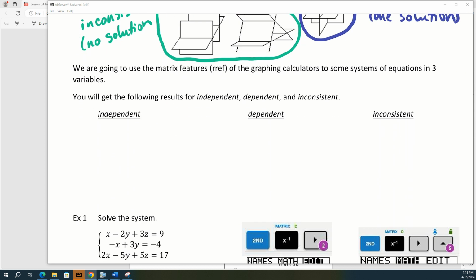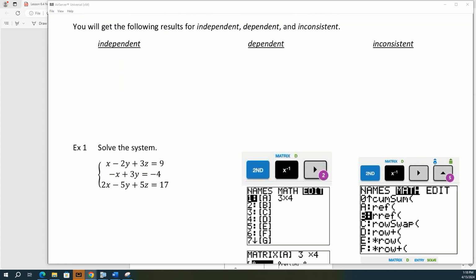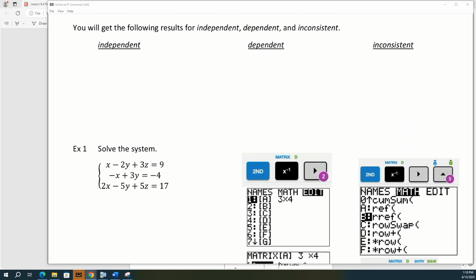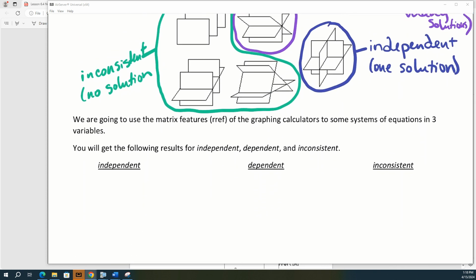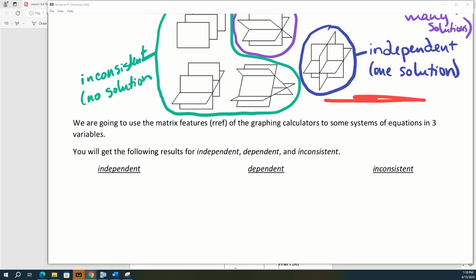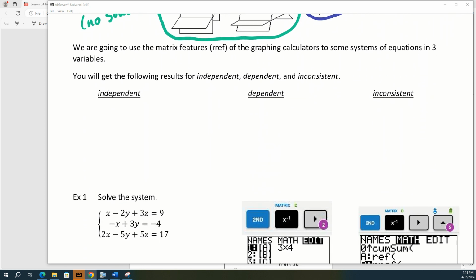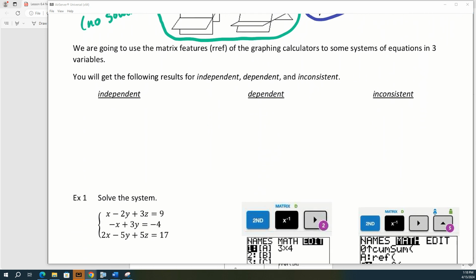Okay, so we're going to use the matrix features and RREF of the graphing calculators to solve systems of equations with three variables. And you do need to know what it means when your calculator gives you a result. If it's an independent system, like this blue one right here, we're going to write down a possible answer in your calculator.